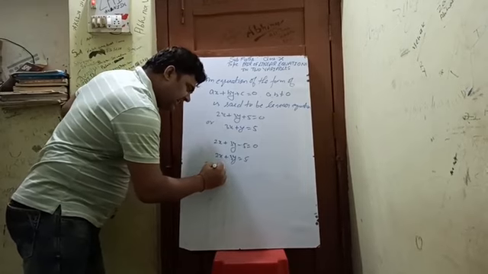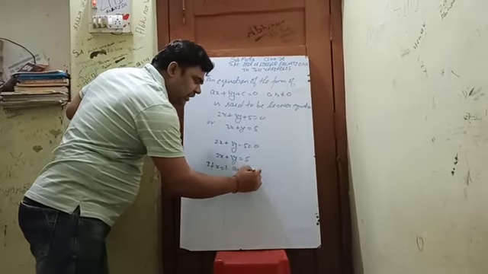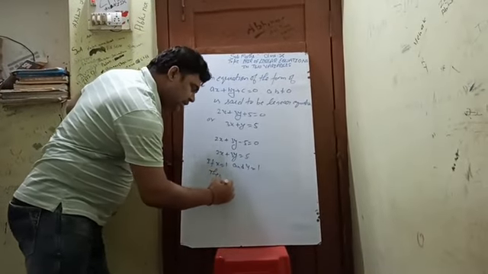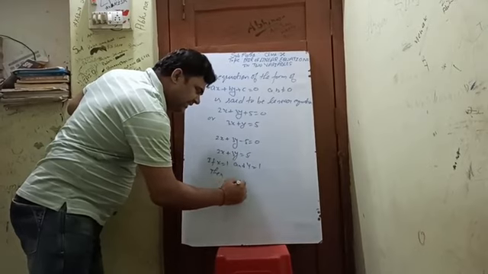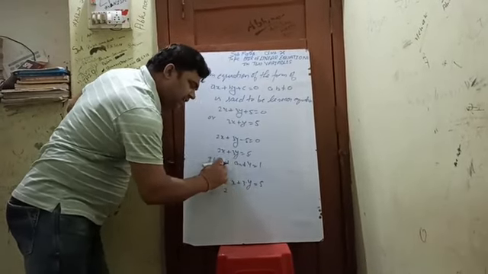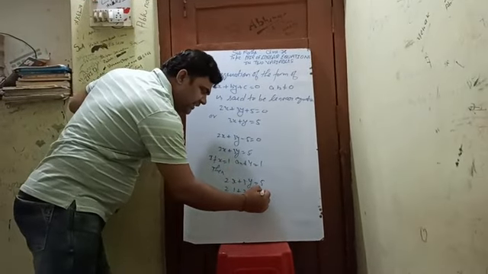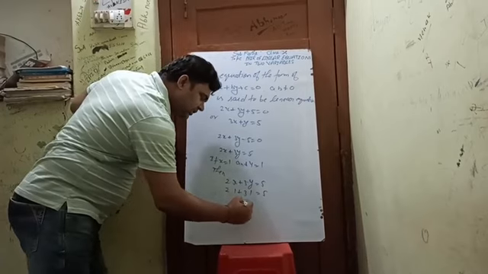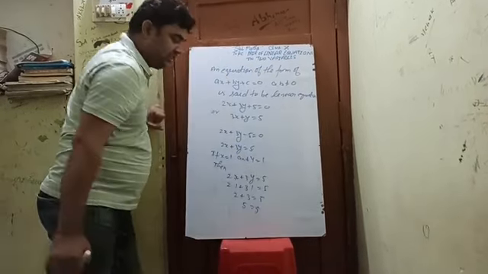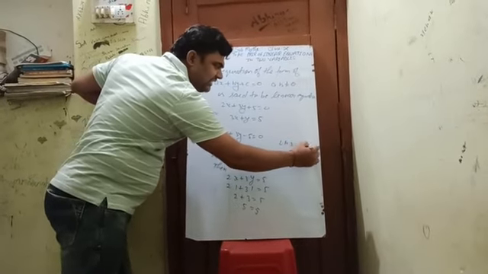If x is equal to 1 and y is equal to 1, then 2 into x plus 3 into y is equal to 5. By putting the value of x as 1 and y as 1, we get 2 plus 3 is equal to 5. So you are observing both sides are equal, means LHS is equal to RHS.